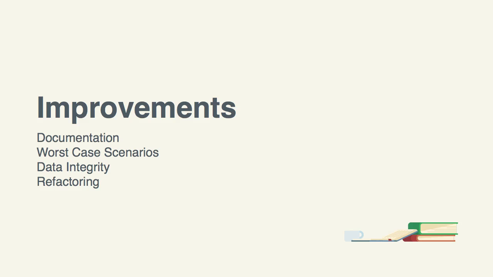Regarding improvements to the exercise, there are some that I could tackle. The first one would be documentation. We could have provided some sort of README and in-class documentation. When you revisit your code later on, perhaps a couple of months from now, most likely you will not remember what you've done. It's important to keep track of the major features of a specific class, a service, or any other point in your code.